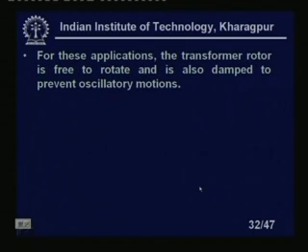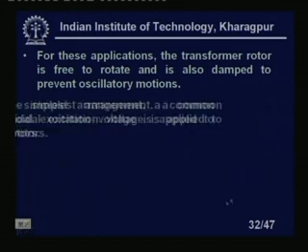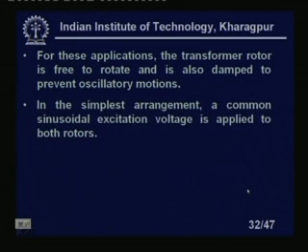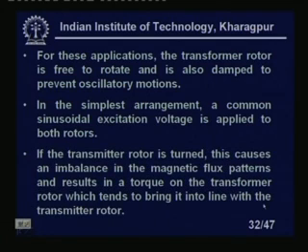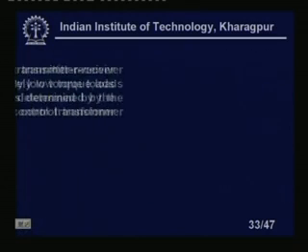For this application, the transformer rotor is free to rotate and is also damped to prevent oscillatory motion. In the simplest arrangement, the common sinusoidal excitation voltage is applied to both rotors. If the transmitter rotor is turned, this causes an imbalance in the magnetic flux patterns, which results in a torque on the transformer rotor that tends to bring it into line with the transmitter rotor.